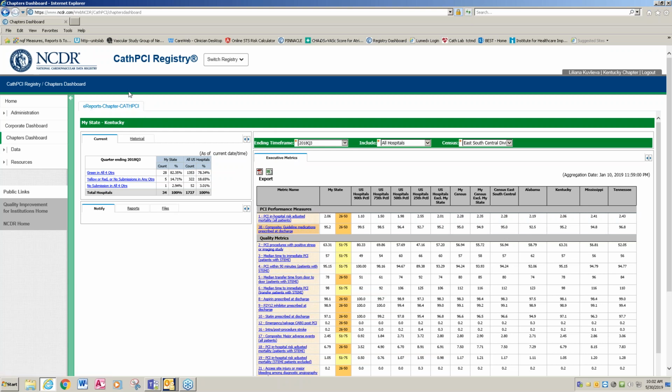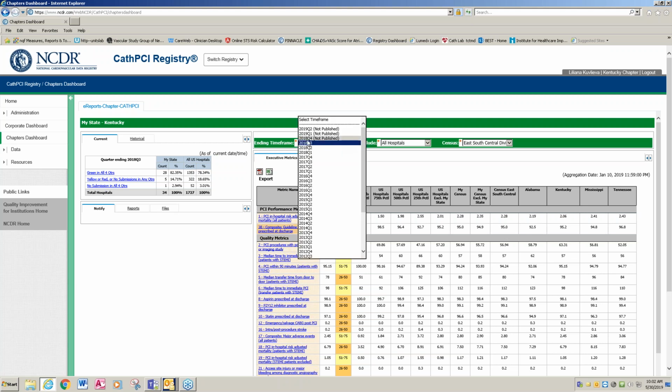So the first registry that I decided to look at with you, since we have the biggest volume of participants from Kentucky, is KYACC registry. And I'm sorry that we don't have our reports ready for the version 5, but I'm pretty sure that many of you look at their dashboard and the data there is up to date.